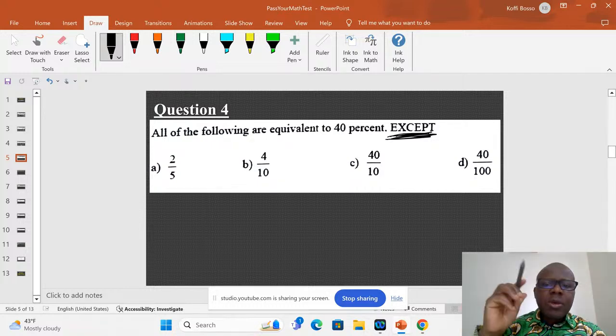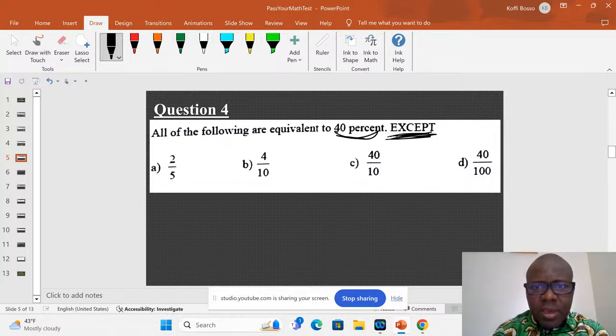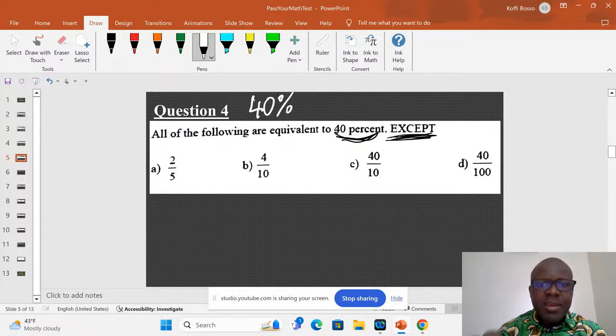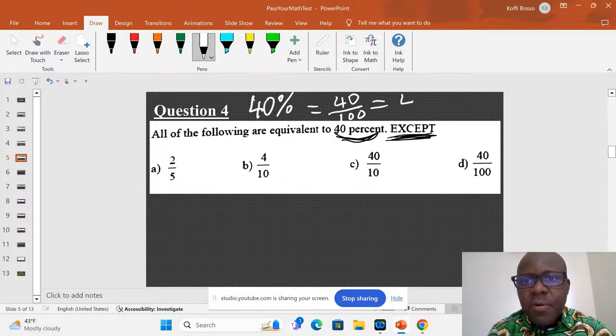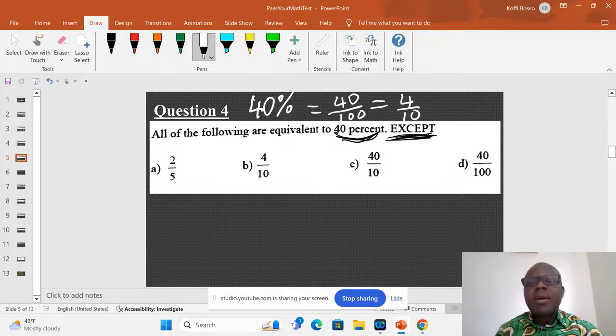But understand this, when they say 40%, this is the same as 40 over 100, which is the same as 4 over 10. I cross out a 0 from the top and the bottom, which is like dividing by 10.